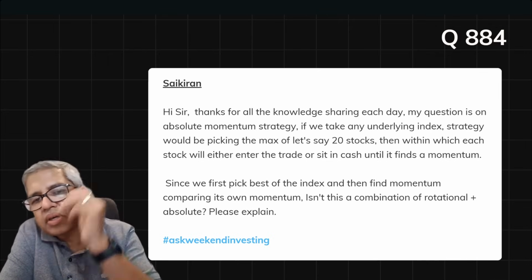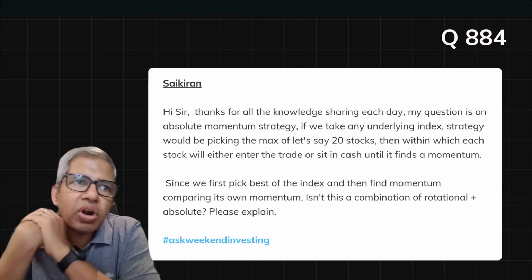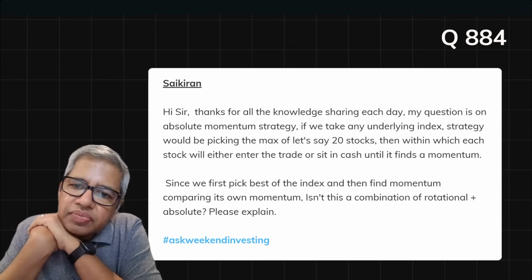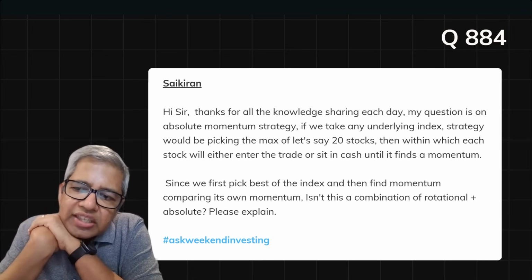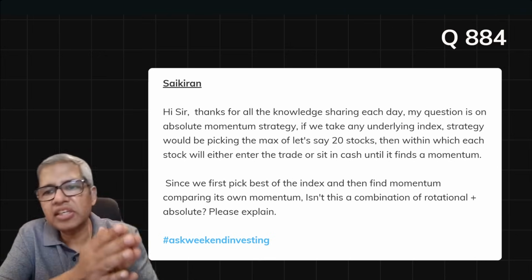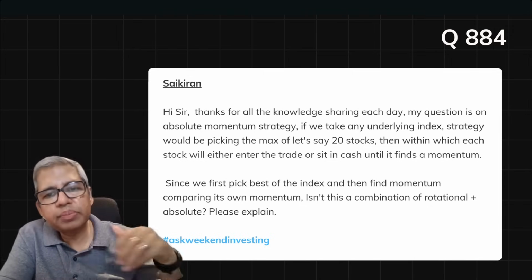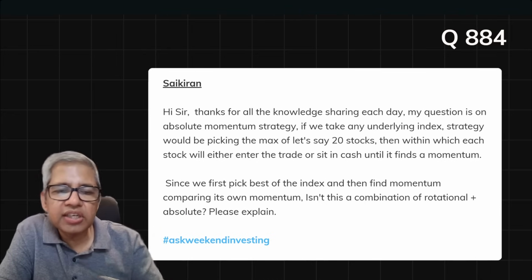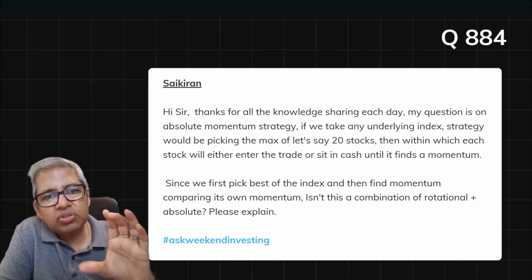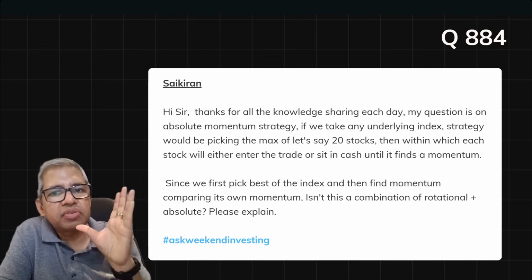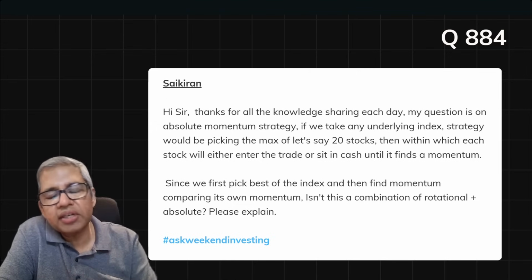rotational and absolute? Not in the real sense, because a rotational strategy would take care of, let's say, the Nifty index, and you are running an absolute momentum strategy on the Nifty index. To that extent, your universe is fixed: these are the 50 stocks that I'm looking at.